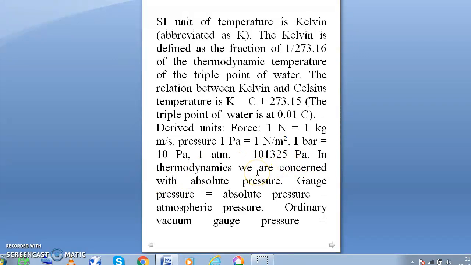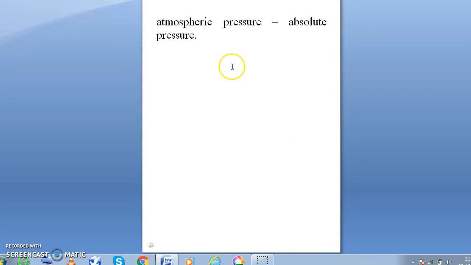In thermodynamics, we are concerned with the absolute pressure. Gauge pressure is equal to absolute pressure minus atmospheric pressure. For ordinary vacuum, gauge pressure is equal to atmospheric pressure minus absolute pressure.